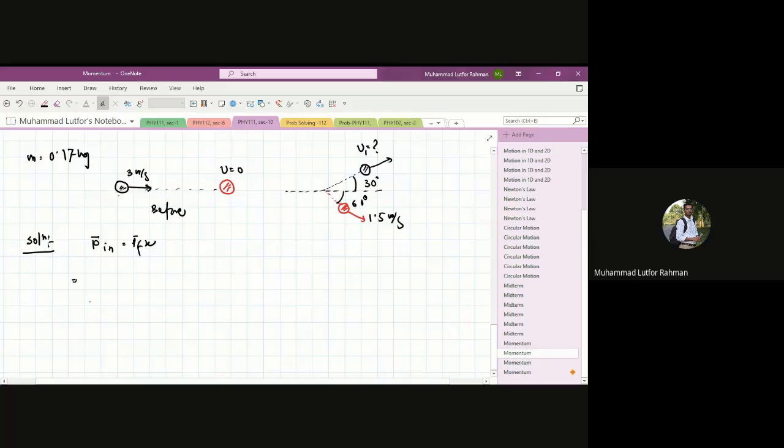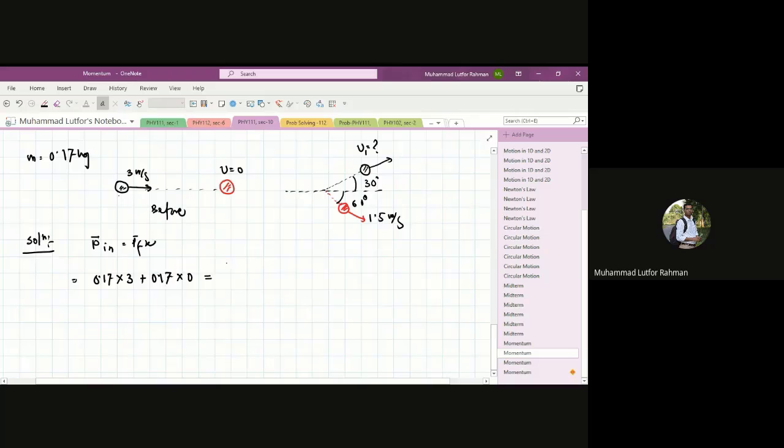The mass is 0.17, so this is 0.17 into 3 plus 0.17 into 0 for the target ball. Sorry, the cue ball is moving at a speed of 3 meters per second.